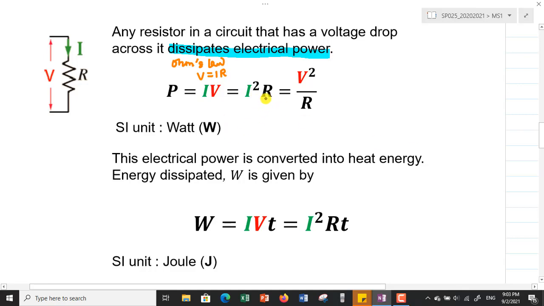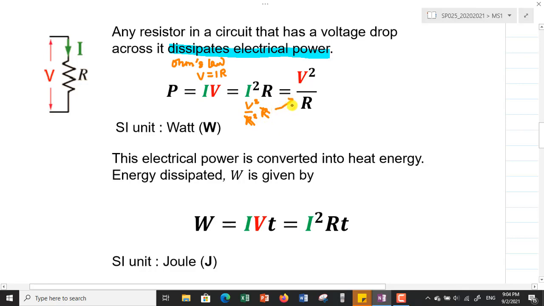Okay, beside that, I is what? V over R. When we rearrange from Ohm's law, so I is V over R, squared, multiplied R. So one of the R will be cancelled.